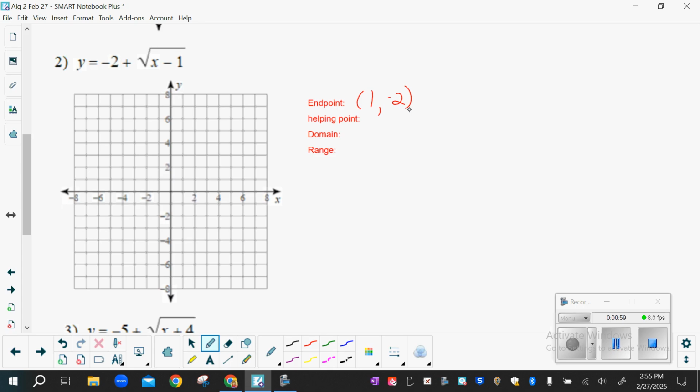So for my helping point, if I wanted to get 4, same group, what number would I plug in there for x to get 4? 5. So plugging in a 5 in there, tell me what we get when we plug in the 5.